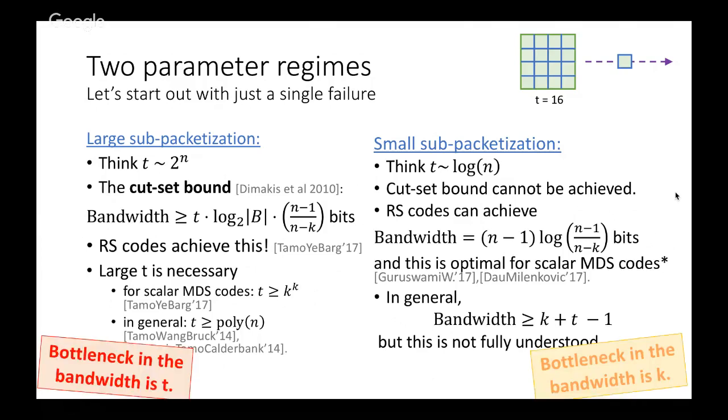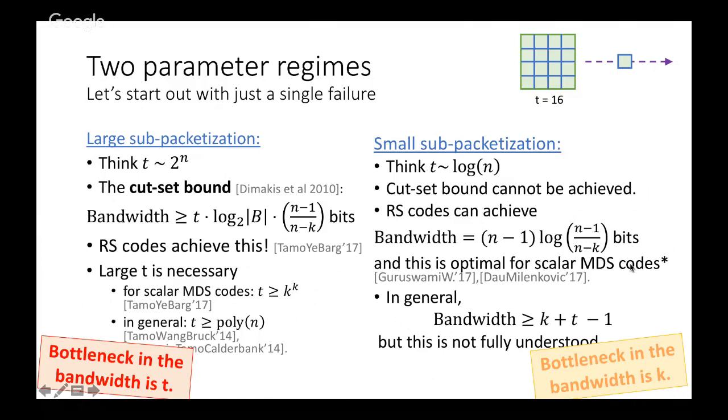The takeaway from all of the parameters on this slide is that in the large subpacketization regime, the bottleneck on the bandwidth is t, right? Basically, we want to download t bits, and if t is really big, then t is the bottleneck. On the other hand, in the small subpacketization regime, the bottleneck is k.